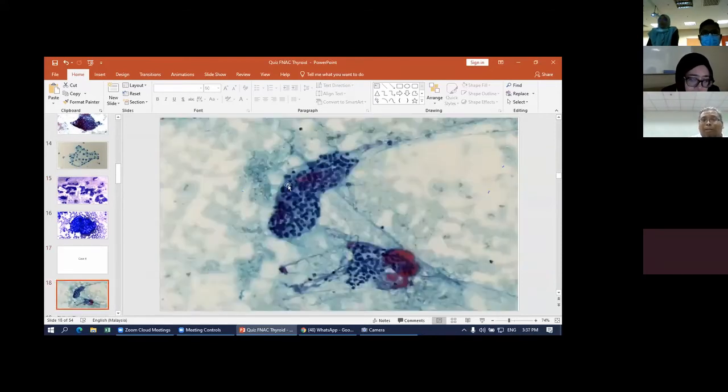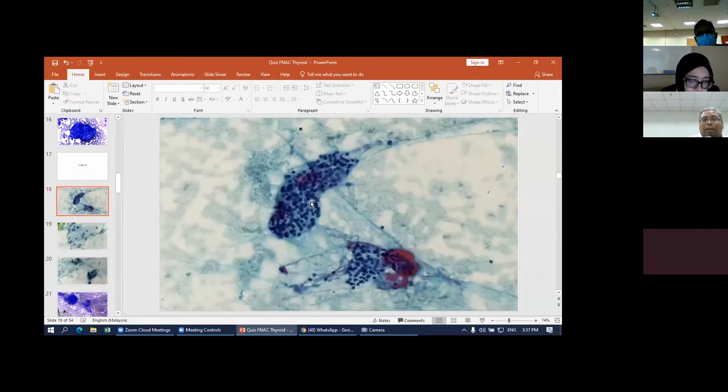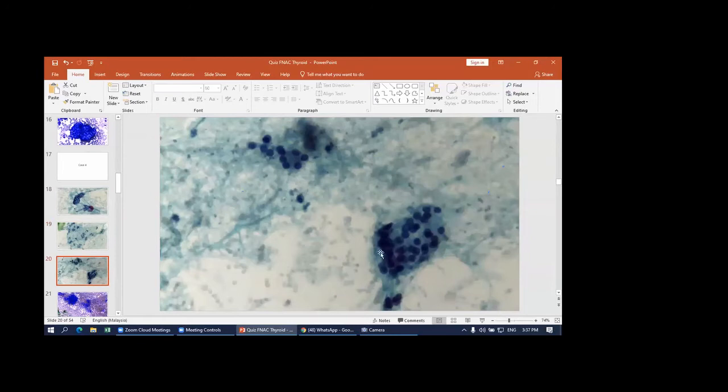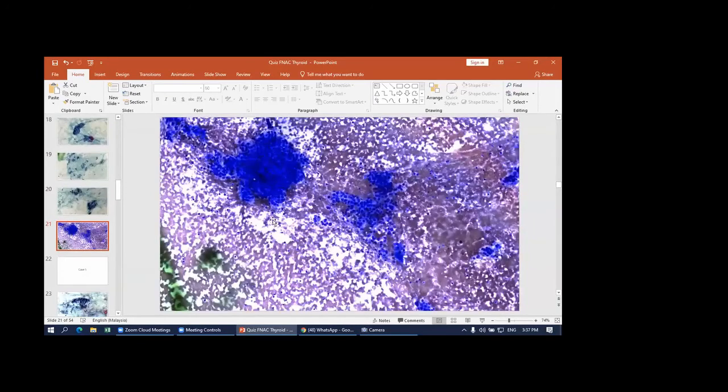So this is what you saw just now. Quite a big cluster, and there's some areas that look very dispersed, but it is still macrofollicles. Again, this is macrofollicles, with a bit of overlapping you can see there as well. I forgot to show you the MGG, but the MGG shows bigger tissue fragments, and basically the cells are all benign looking.